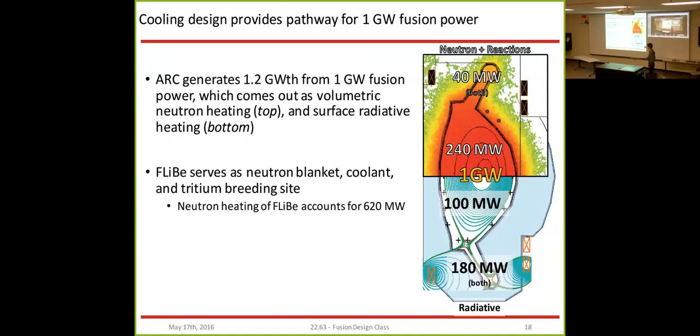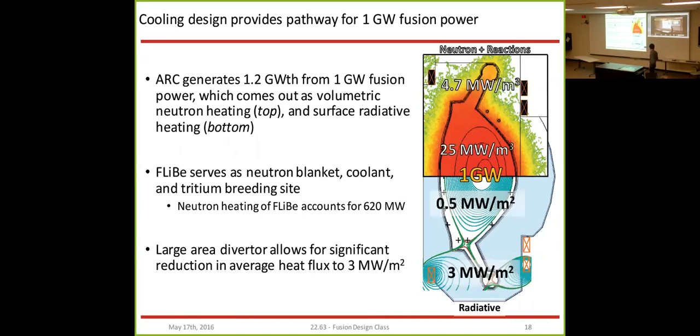Again, in the ARC design, fluid FLiBe serves as a neutron blanket, coolant, and tritium breeding site. And so that means immediately 620 megawatts of this neutron heating is exhausted directly into the coolant. That makes the cooling problem significantly easier to deal with.